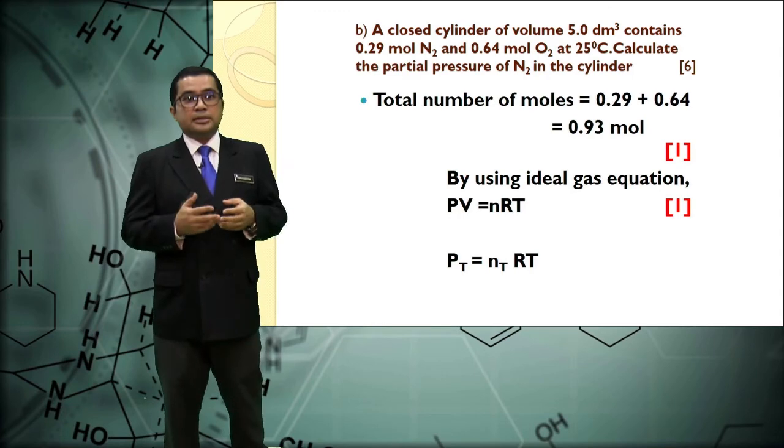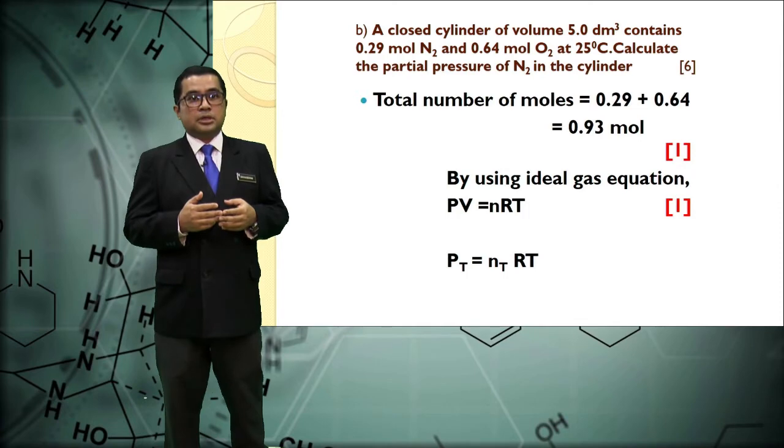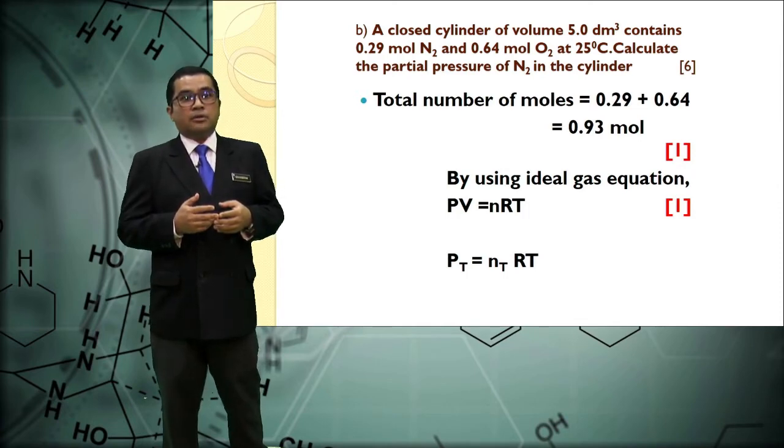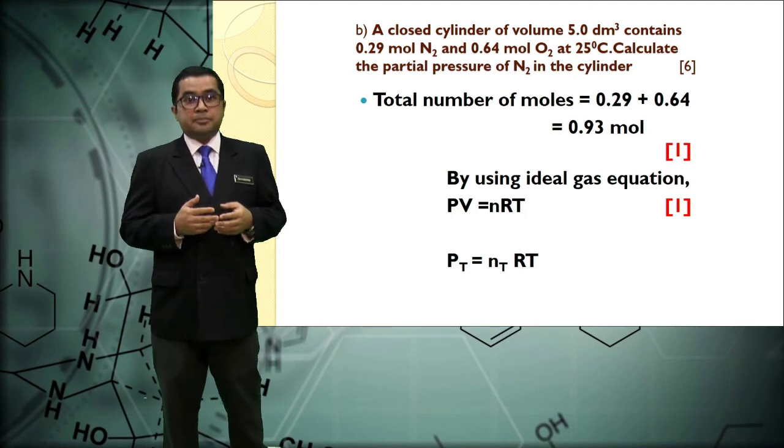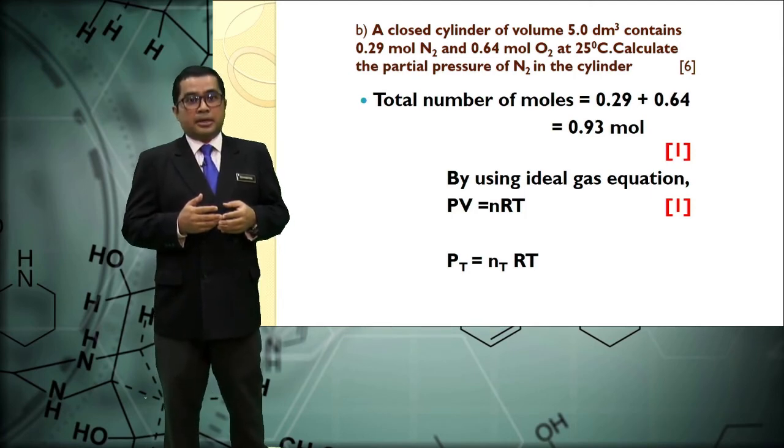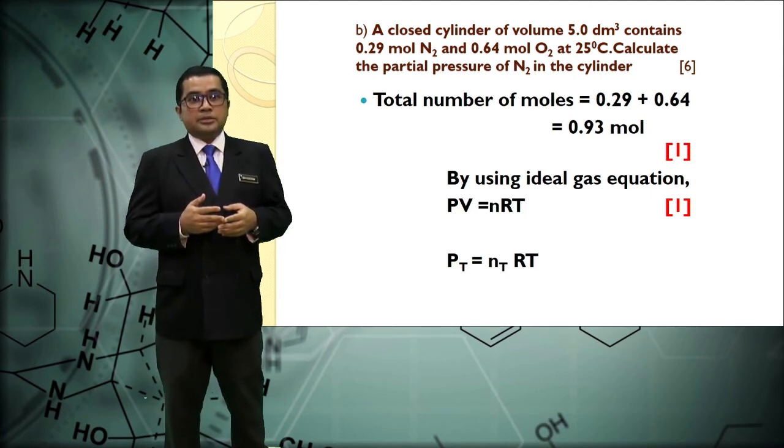So you just add the moles given in the question, which are 0.29 mole plus 0.64 mole. So you will get 0.93 mole of gas present.